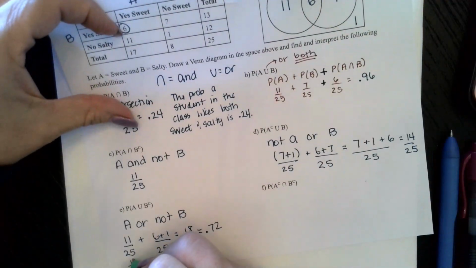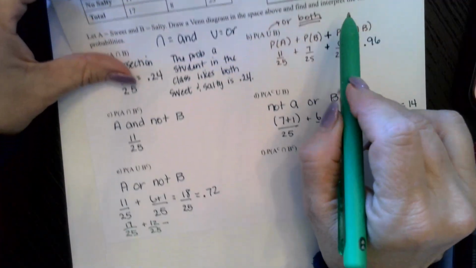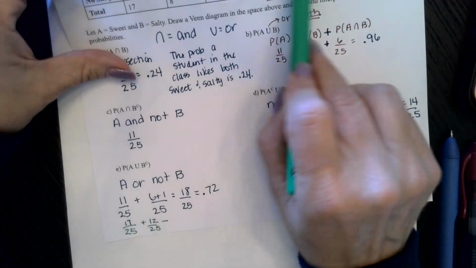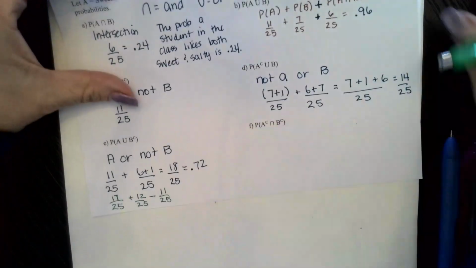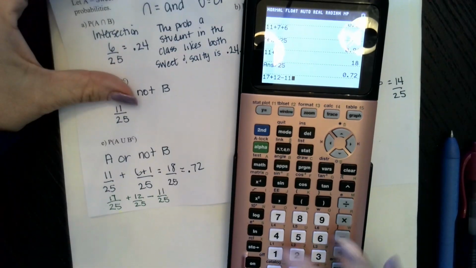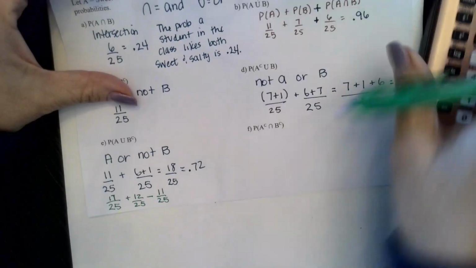This should be 17. Probability of A is going to be 17. Probability of not B is going to be 11 plus 1. But I've already counted this 11, so minus 11 over 25. And when I do this math, just so you see this, 17 plus 12 minus 11 is 18, which is 0.72 again.